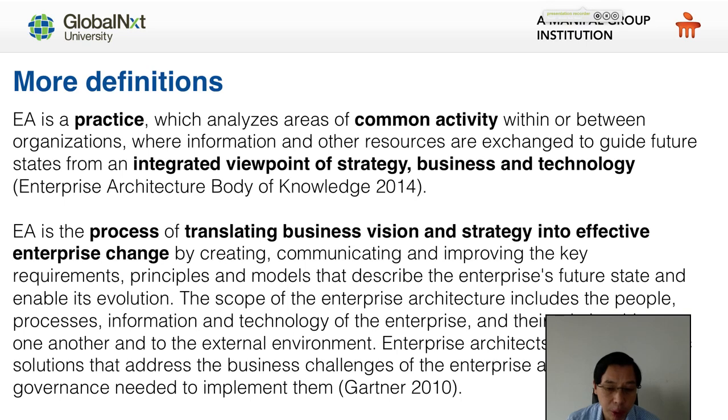The scope of the enterprise architecture includes the people, processes, information, and technology of the enterprise and their relationships to one another and to the external environment. Enterprise architects compose holistic solutions that address business challenges of the enterprise and support the governance needed to implement them.